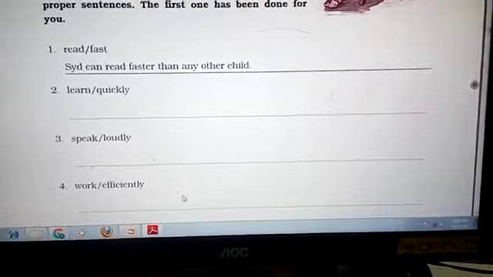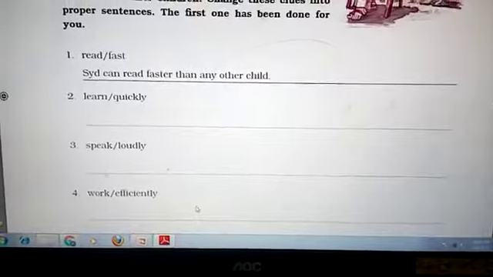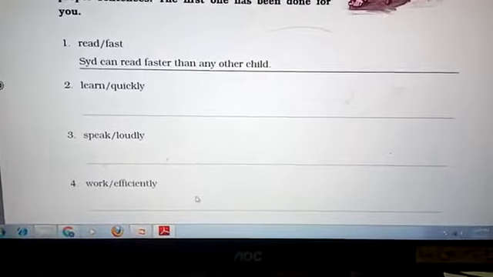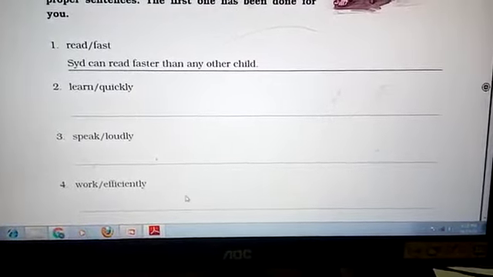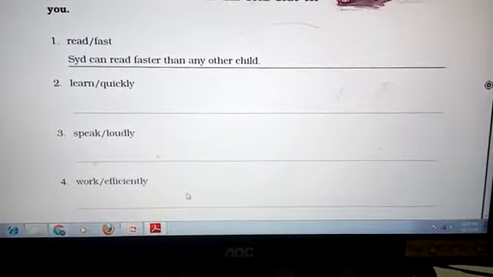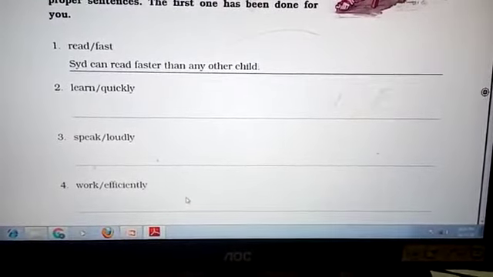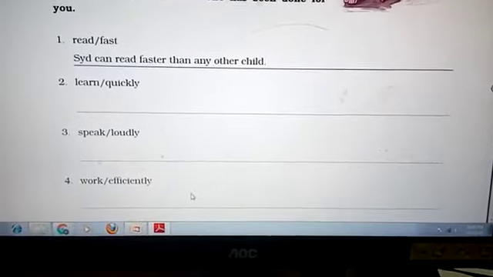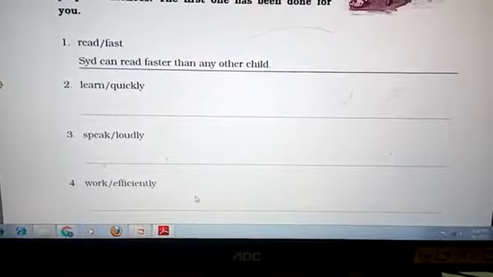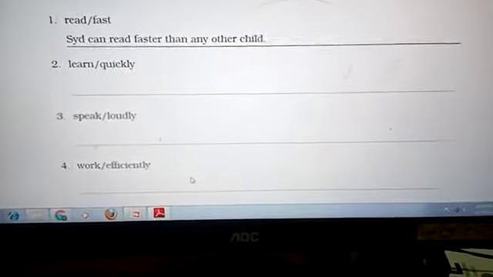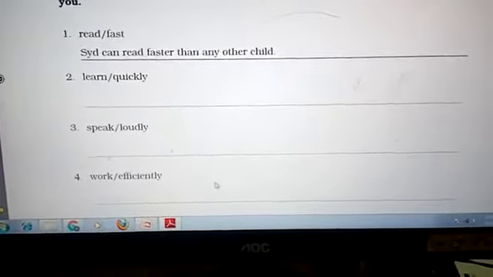This is called degree. In the part of adjective, we also study about the degree, where three kinds of degrees are there. They are positive degree, comparative degree and superlative degree. As example, fast, faster, fastest, quick, quicker, quickest, loud, louder, loudest. We add more or most to convert some words into comparative and superlative degree.